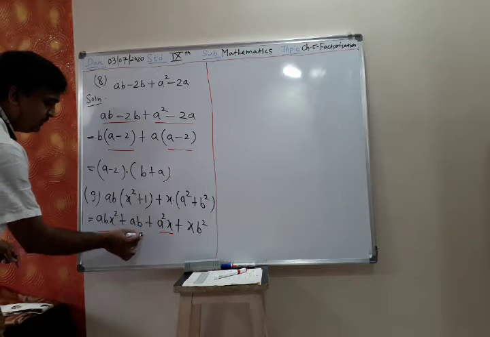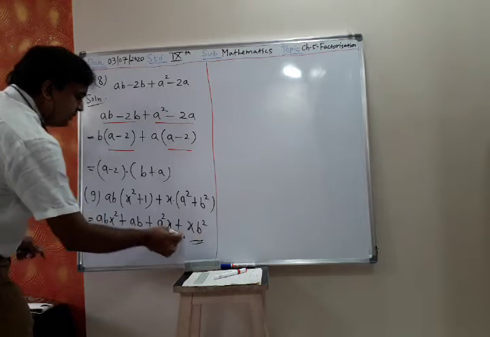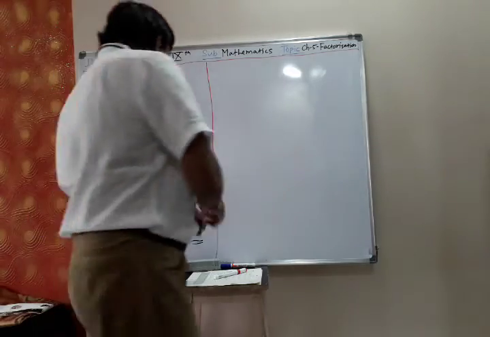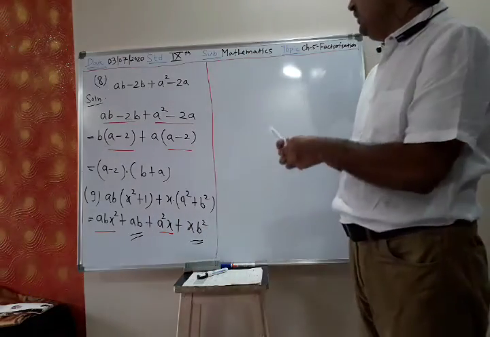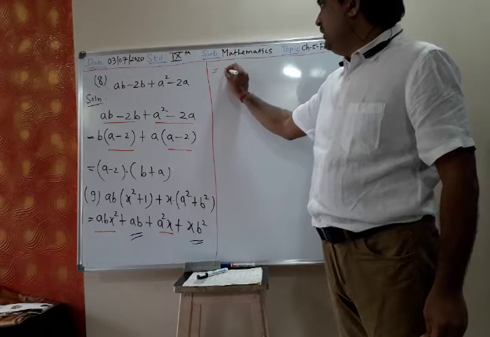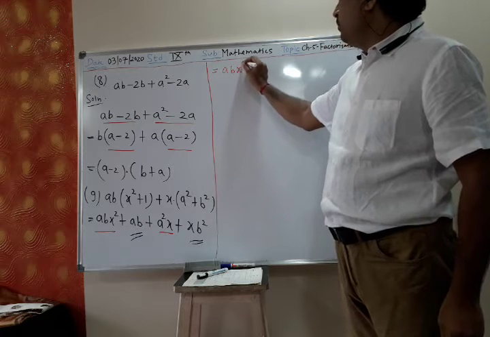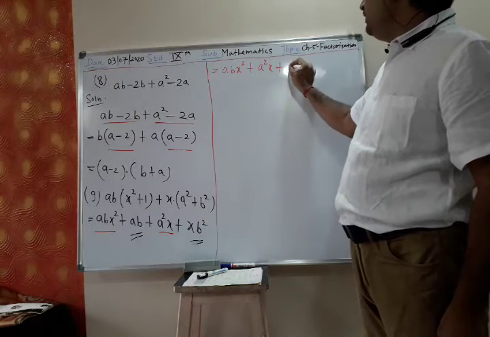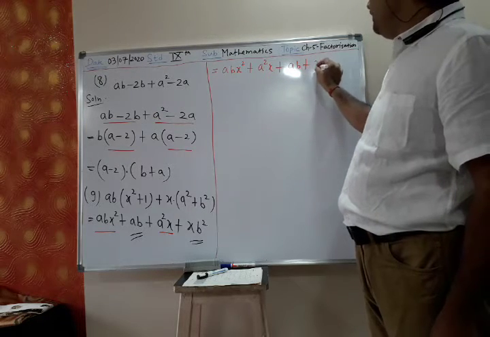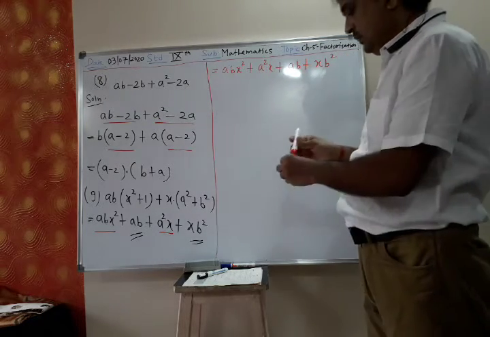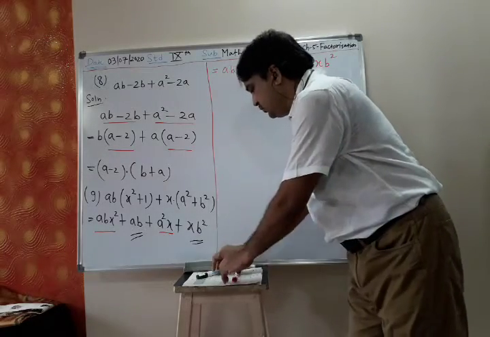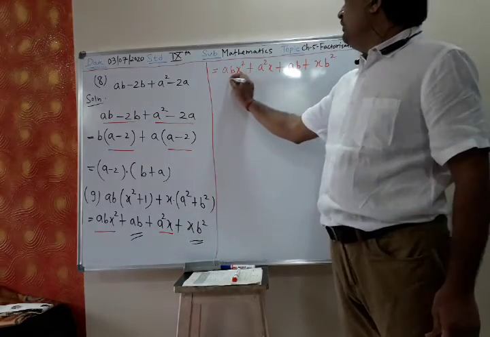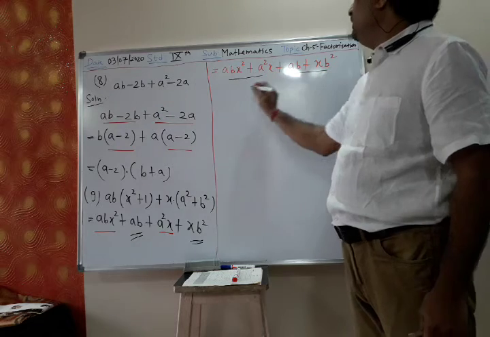Then I will take AB and xB square together. AB x square plus A square x plus AB plus xB square. We take the terms together. Now these two I will take together, these two I will take together.